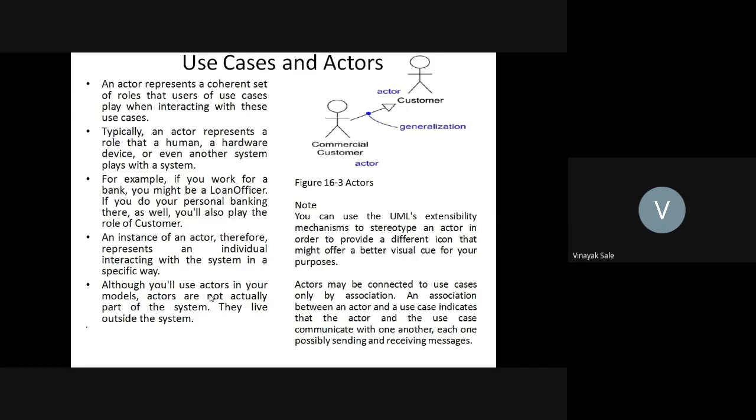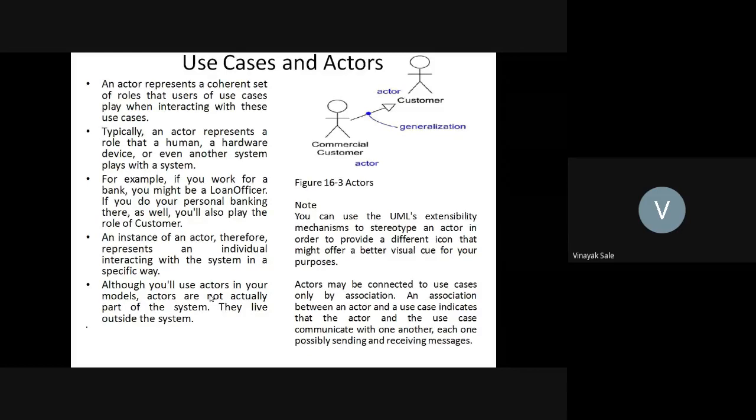Whether you are a bank officer and you want some money sometimes, at that time you are required to play the role of customer. So an instance of an actor therefore represents an individual interacting with the system in a specific way.